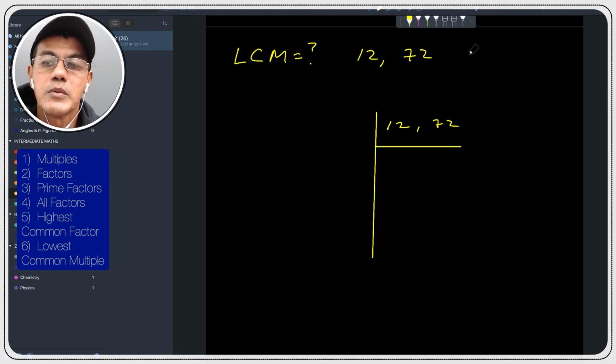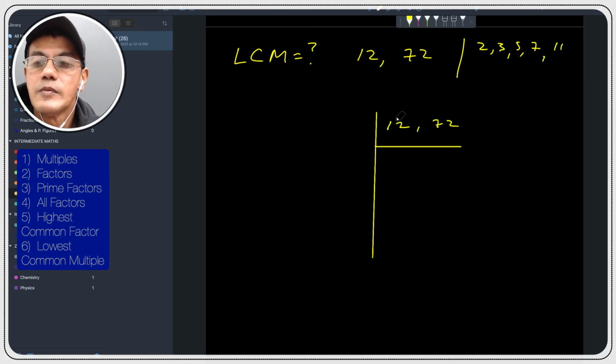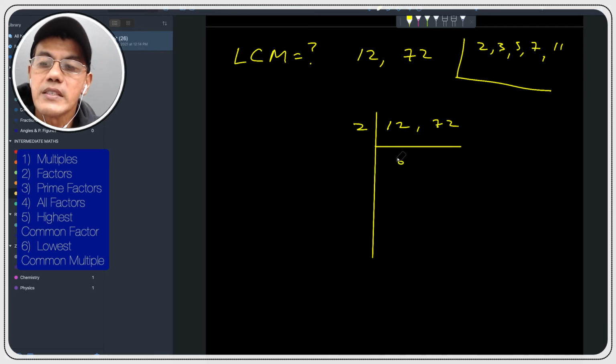I'll put back the prime numbers here to pick out from: 2, 3, 5, 7, 11. Okay, so these are the prime numbers that we'll pick out from. So 2 into 12 will be 6. 2 into 72 will be 36.